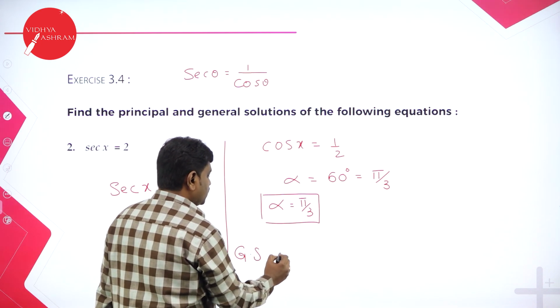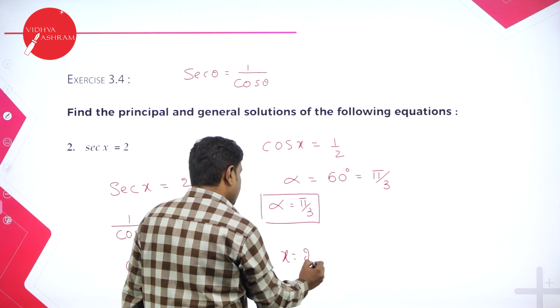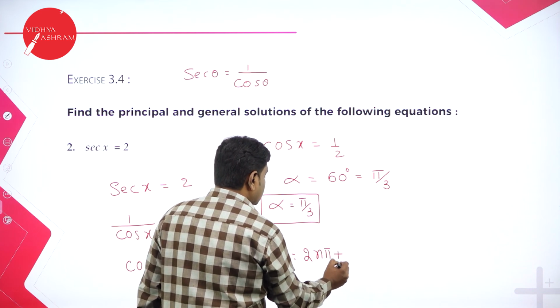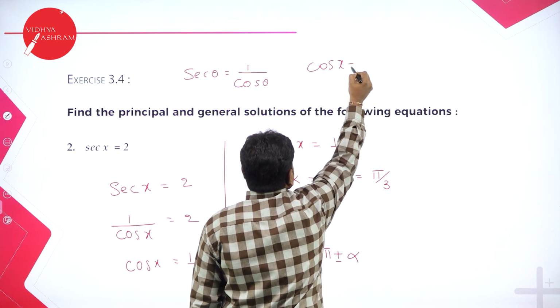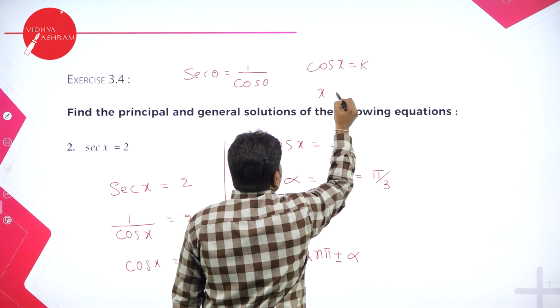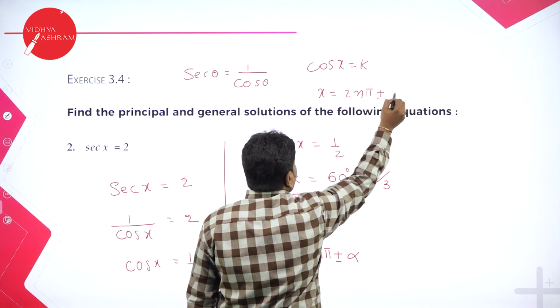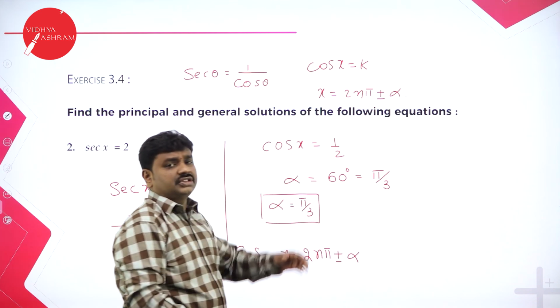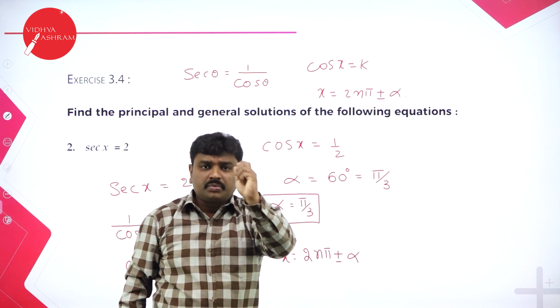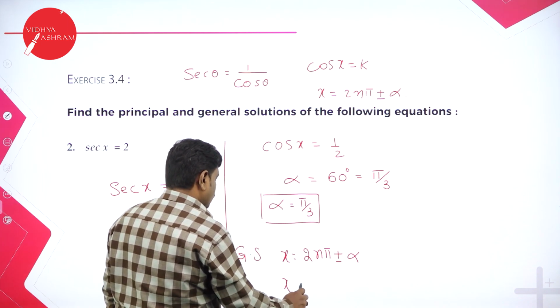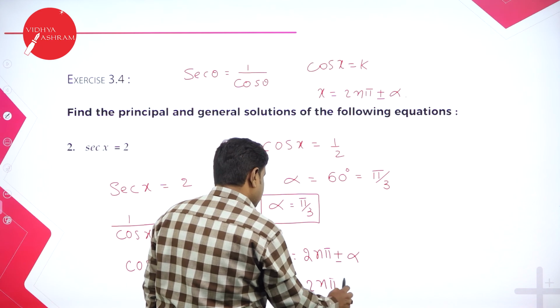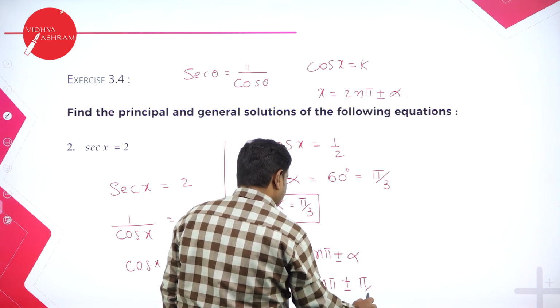What is the general solution? x is equal to 2n pi plus or minus alpha. I taught you that for cos x is equal to a constant, the general solution is x is equal to 2n pi plus or minus alpha. This you should memorize. What is the general solution for cos x is equal to k? 2n pi plus or minus alpha. So that is x is equal to 2n pi plus or minus pi by 3.